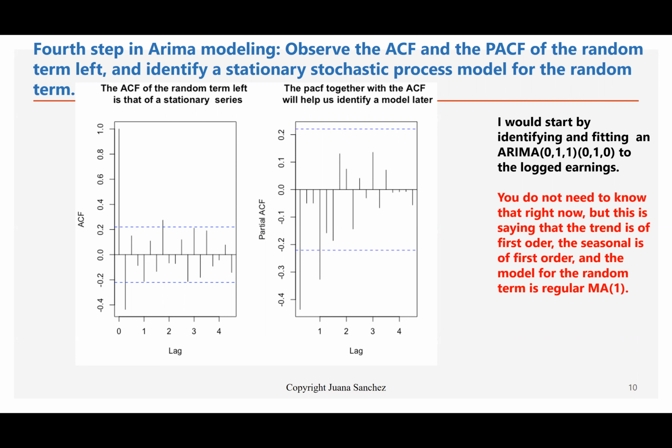But for this particular one, this looks like the ACF of a stationary process. If I'm happy with this conclusion based on the ACF as well as the time plot, then I can go on and look at the PACF and say, okay, now combined with the ACF, I can identify a model for the time series. And that will be the first model that I will start fitting and use for forecasting.